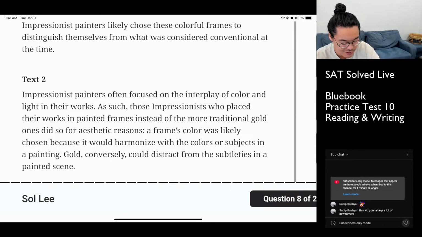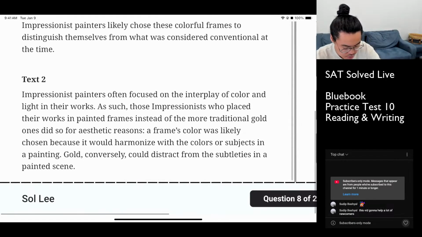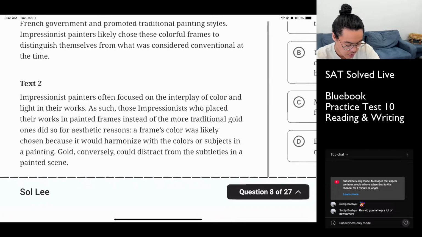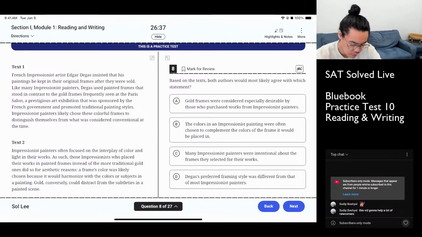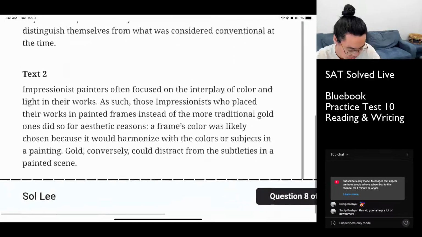Okay, so it's not just to separate themselves, it's actually for artistic purposes. Aesthetic reasons, exactly what I said, aesthetic reasons. A frame's color was likely chosen because it would harmonize with the content itself, not unlike the gold. So they would agree with which statement? They would both agree that the frames were a bit unusual and distinctive.